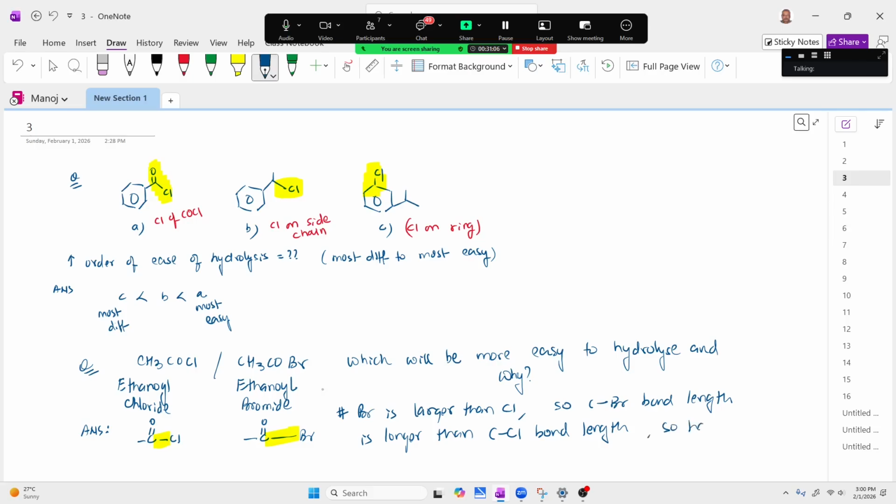So it has lesser bond energy, or you can say easier to break. Okay, so the correct answer is the ethanoyl bromide will be the one which more easily gets hydrolyzed.